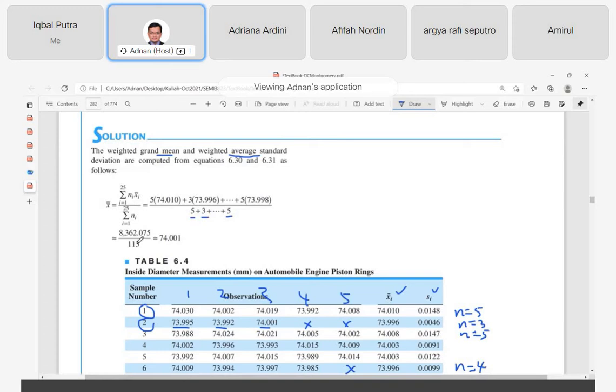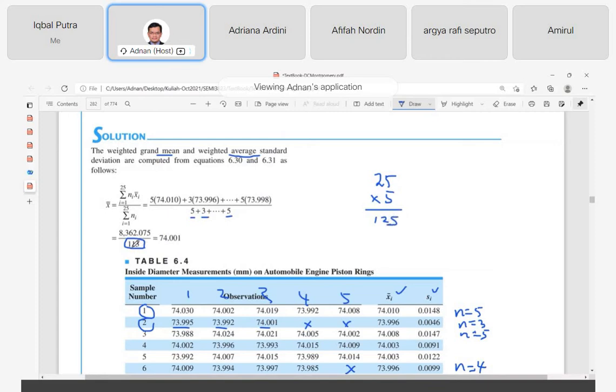So now the total sample we have taken is only 113. Earlier it was 25 multiplied by 5, which is 125. Originally 125, but now the remaining is only 113.